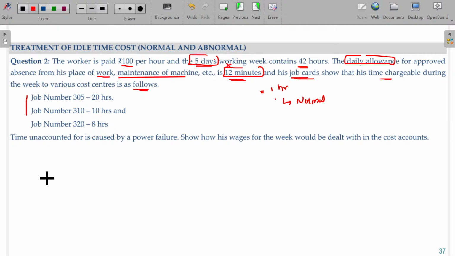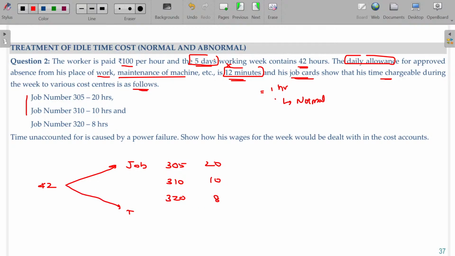Okay. So 42 hours, here job 305, 20 hours. For job 310, 10 hours. For job 320, 8 hours.